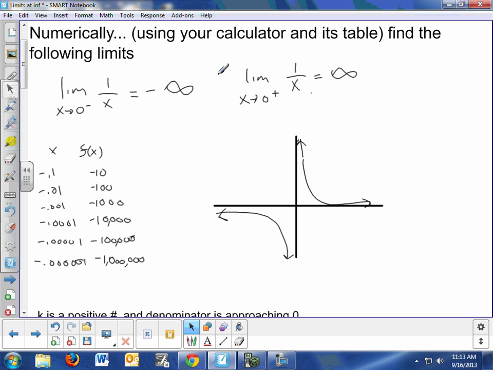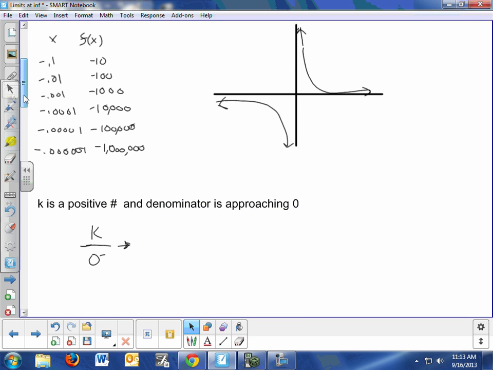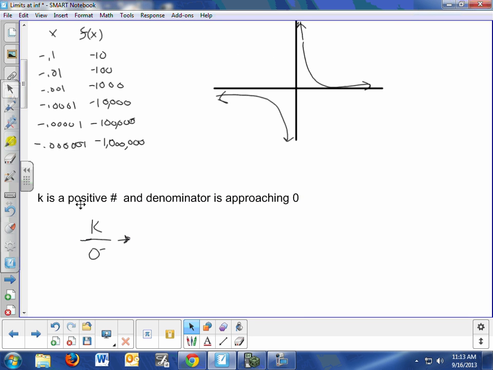Using this, we're going to say the following. If k is a positive number and our denominator is approaching 0 from the left, a number approaching 0 from the left would be like negative 0.0001 or something like that.